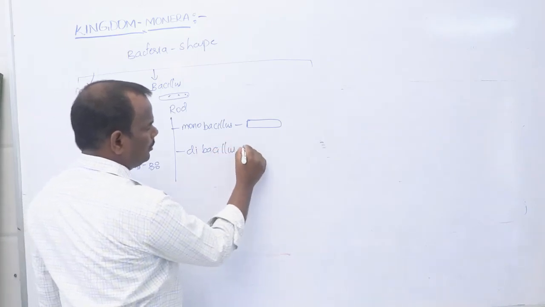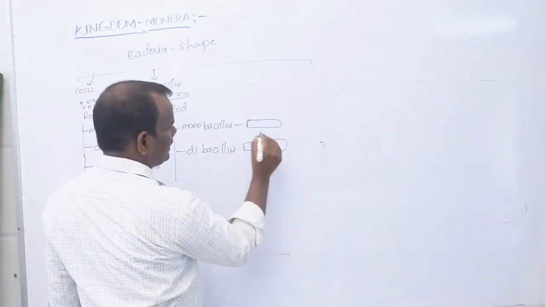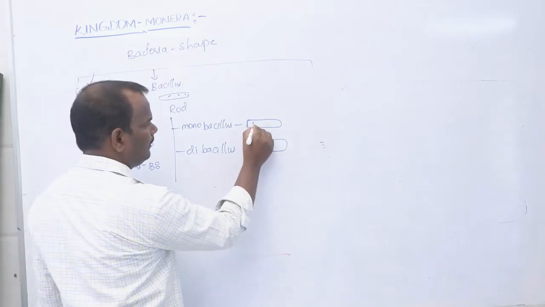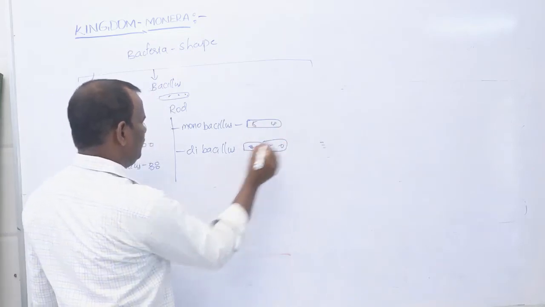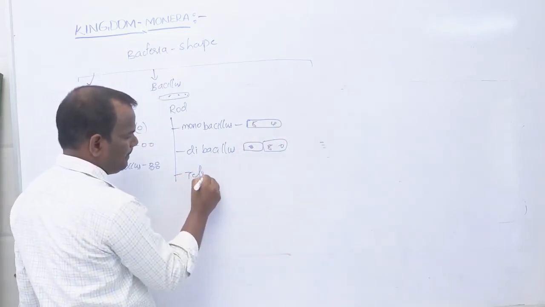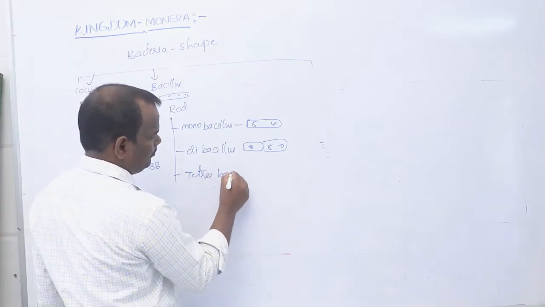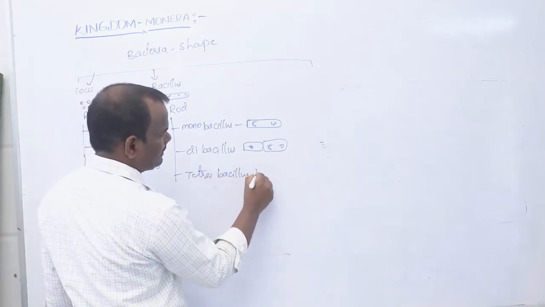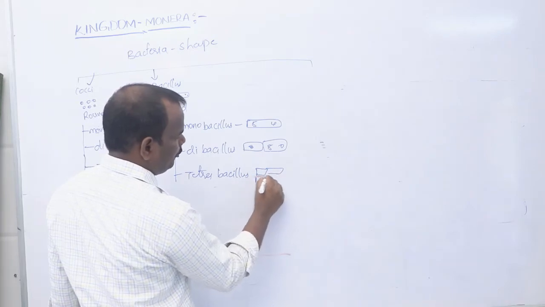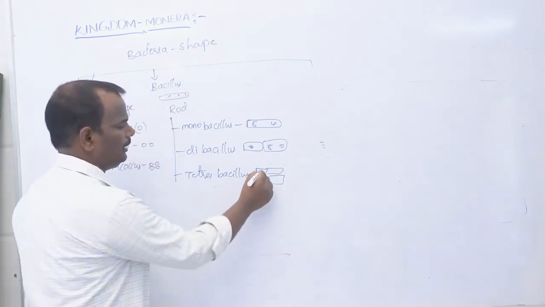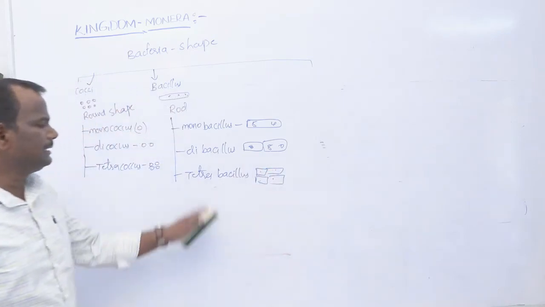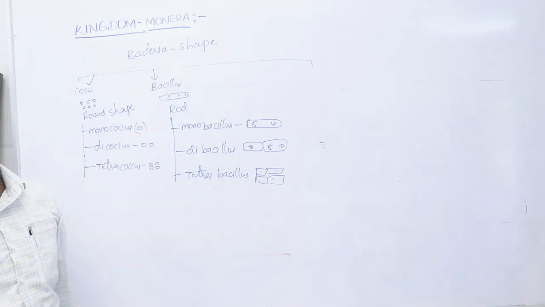Here two bacteria are there. Next another is the tetrabacillus. Four bacillus bacteria attached together are called tetrabacillus.